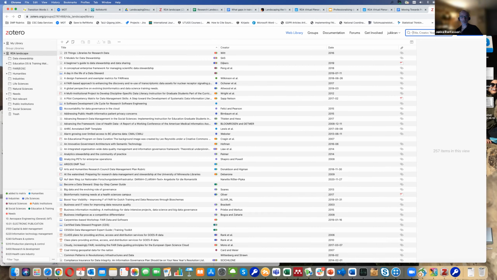And we also categorized them with colored tags based on disciplines and our research questions. The next phase after collecting the sources here in the library was to familiarize with the sources and add the relevant ones to the matrix.